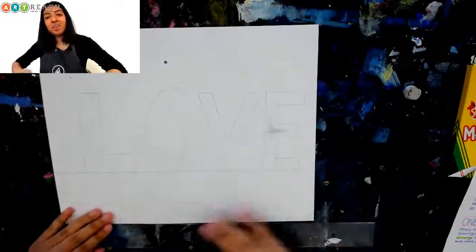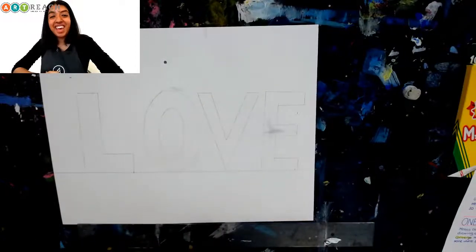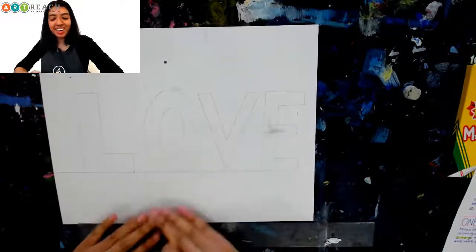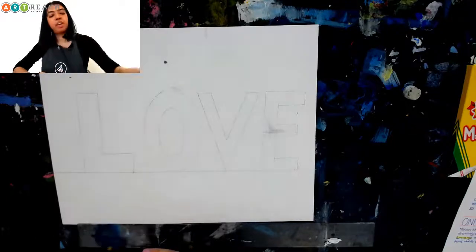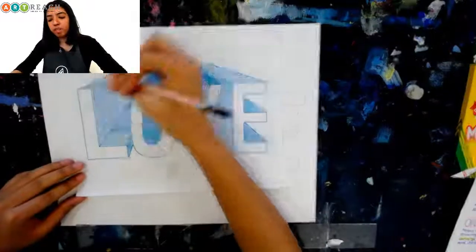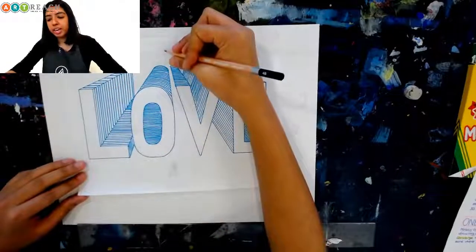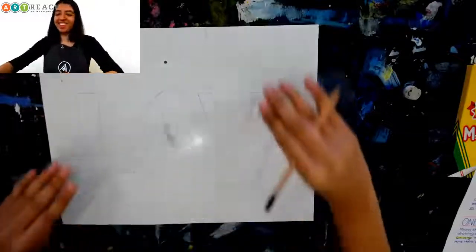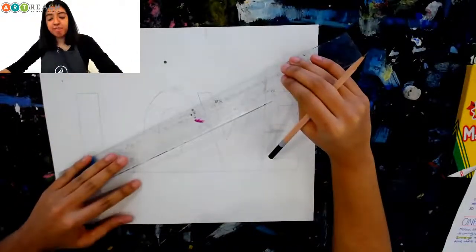Okay, so the next thing I need to do is start putting all of these letters into linear perspective. So as I said earlier, each of the points of our letter are all going to meet at our vanishing point. So what I'm going to start doing is I'm going to go to each corner of my first letter.